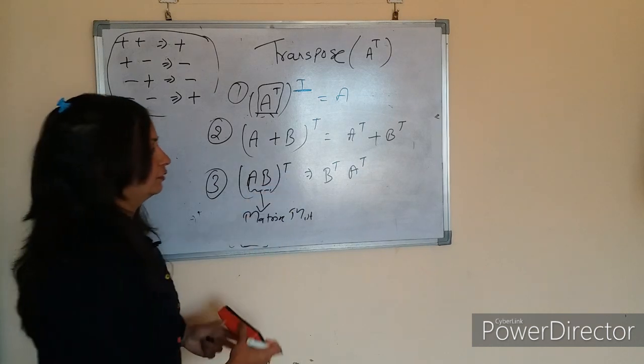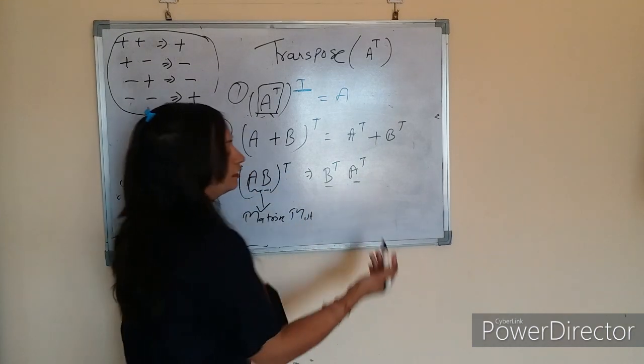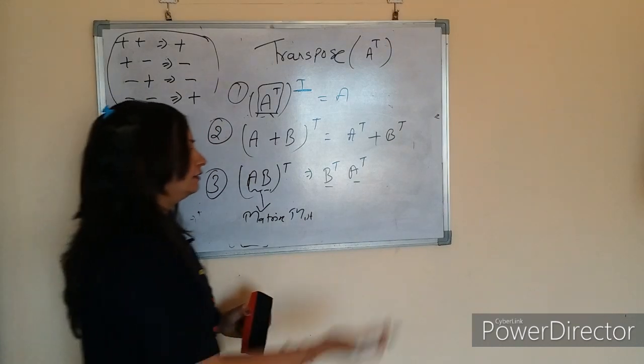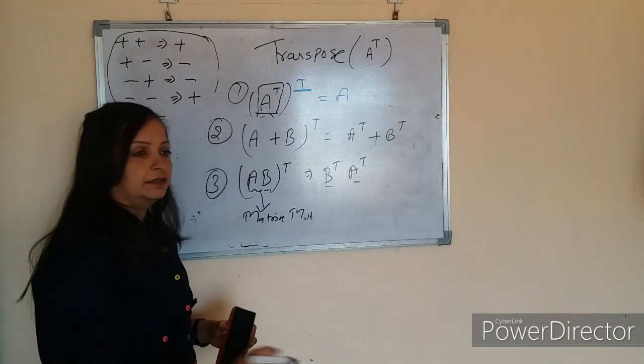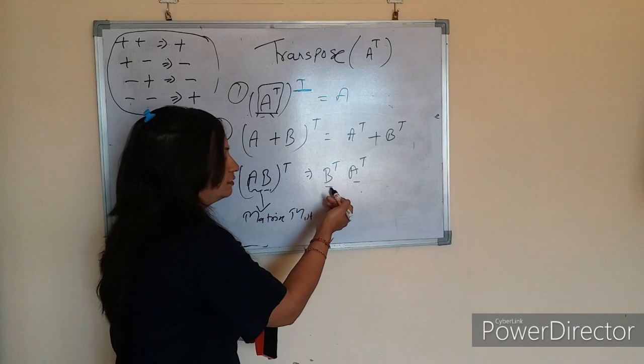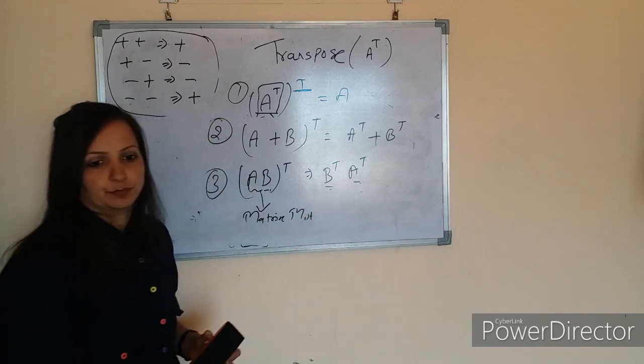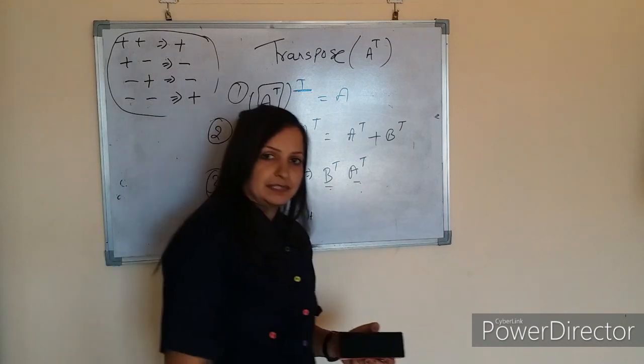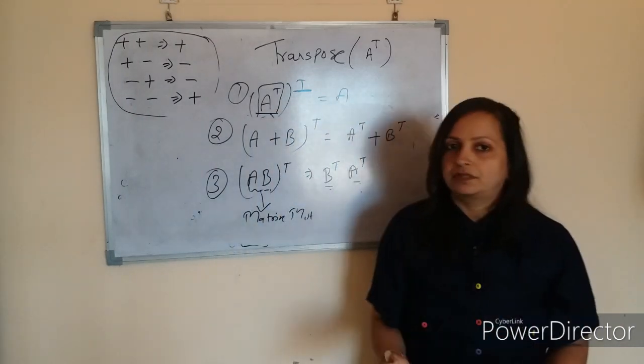So if we multiply two matrices and then we apply the transpose, that will be equivalent to the transpose of each individual matrix and then multiplying them, but we change the order, that is B transpose then A transpose.